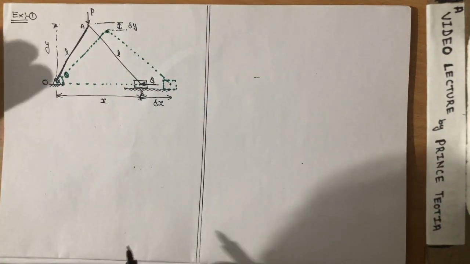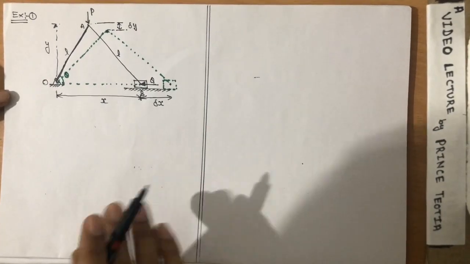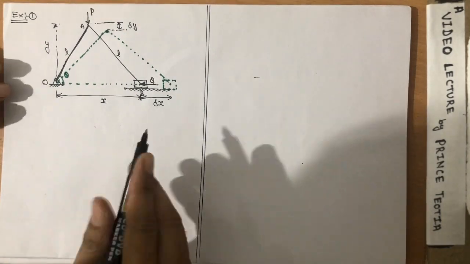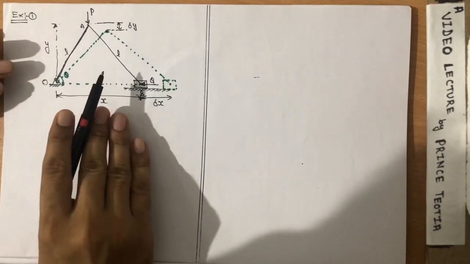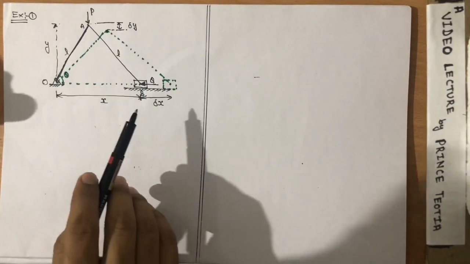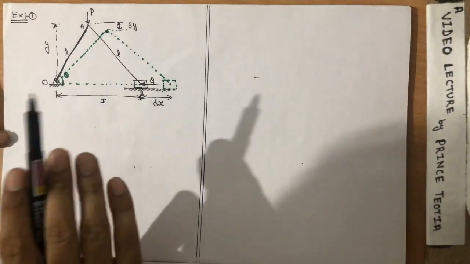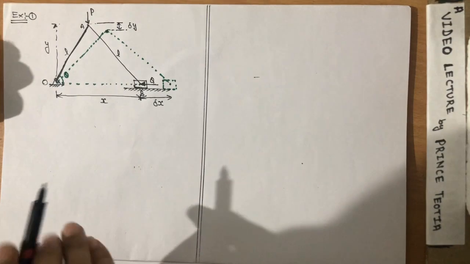Okay, now we have to find out the virtual work. Okay, there are 3 steps to solve; the first is, find out the virtual work by all the external forces. Means in this system there are only 2 forces which are external forces, that is Q and P. This system is a frictionless system because the value of mu in the question is not given.